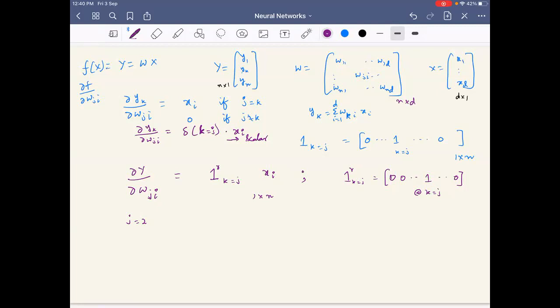So now if you want to write dou yk by dou w, we want to write the derivative of a particular yk, one of the elements of the output function, by the whole matrix. So this finally turns out to be a matrix output. The derivative also will have the same dimension as w, that is n cross t.